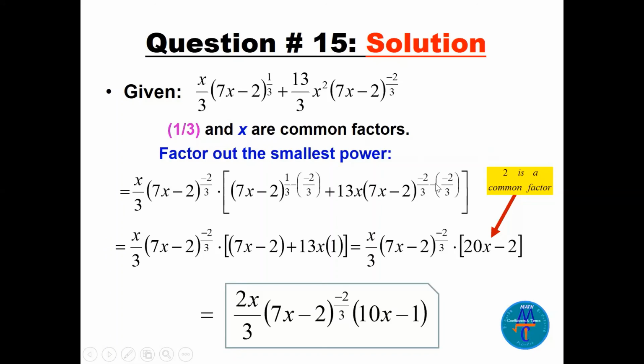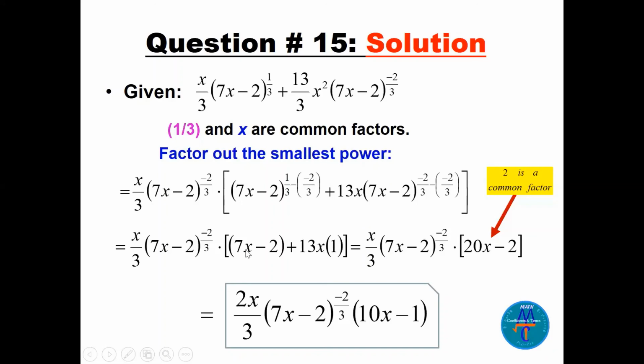So this will be power 0. See 7x minus 2 power 0, that's 1 here. So the only thing here we have 13x. 1 over 3 minus 2 over 3 will be 3 over 3, 1. So 7x minus 2 plus 13x.